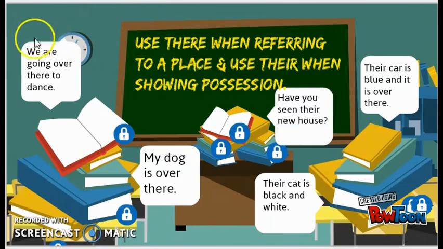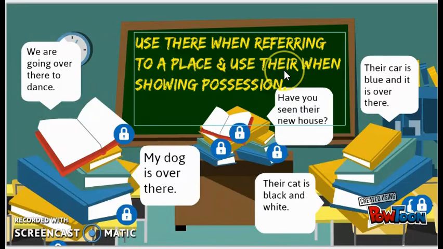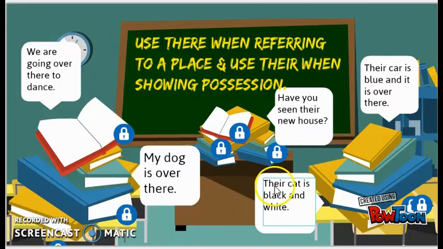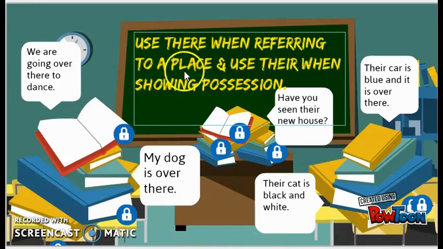For example, we are going over there to dance. So we're referring to a place we're going to dance. THEIR is referring to possession of something. For example, their cat is black and white. So we're talking about somebody's cat, so their cat is black and white.